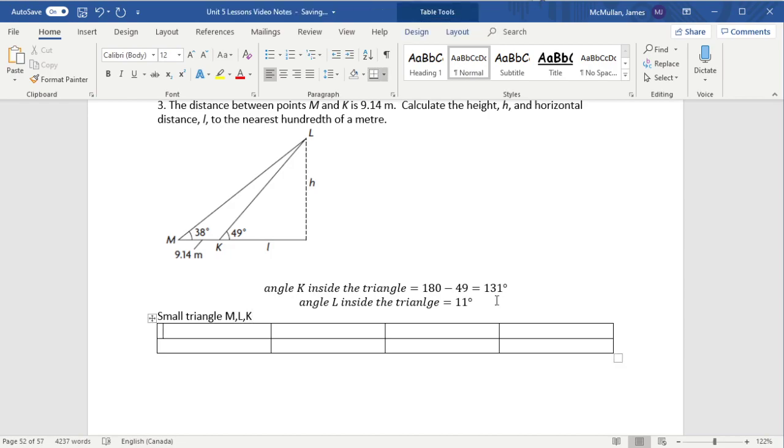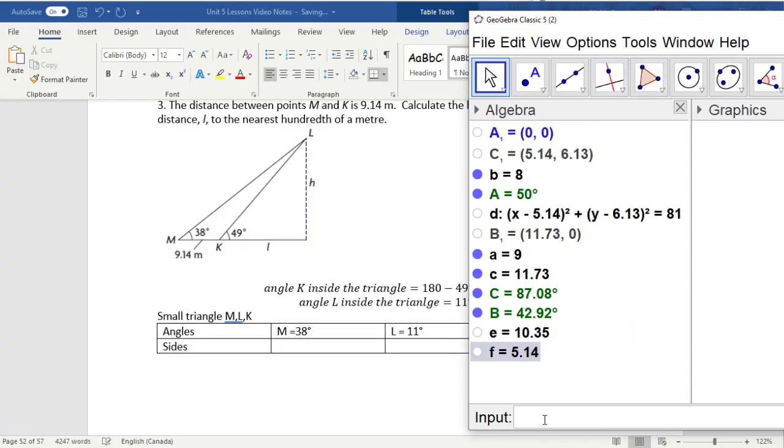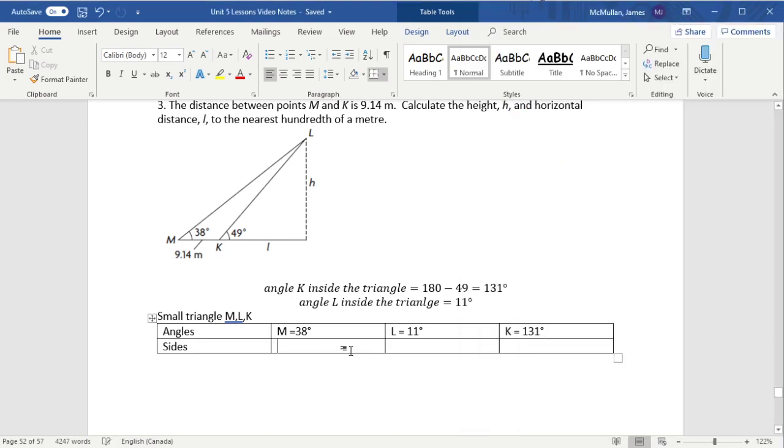Okay, so angles, sides. Angle M is 38 degrees. Angle L is 11 degrees. And angle K is 131 degrees. Again, whenever you're doing this work, it's always helpful to just do a quick check of what you've done. 38 plus 11 plus 131 gives me 180, so that's pretty good.